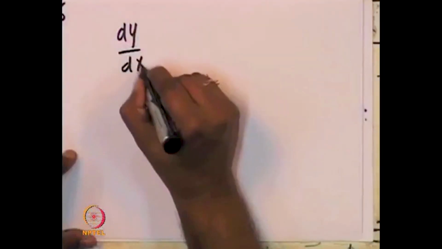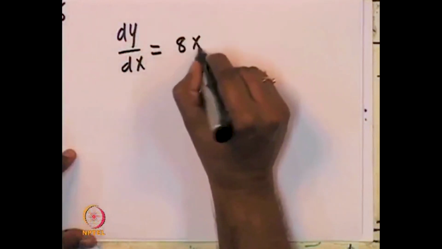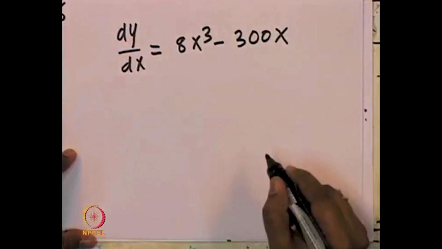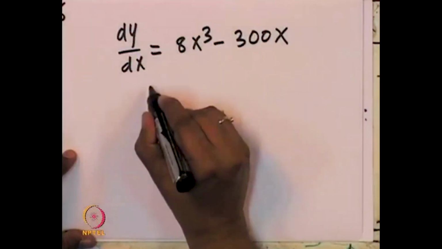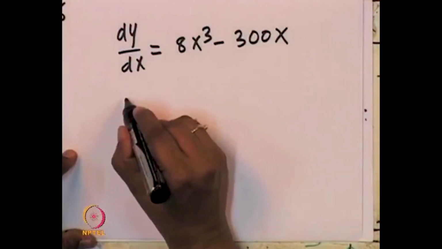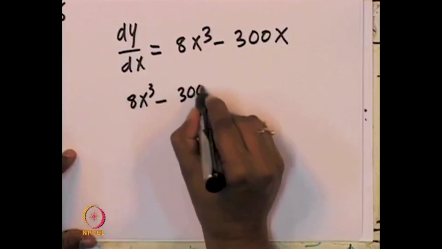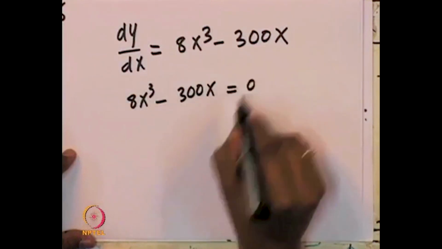So let us equate this to 0. The derivative dy by dx we got was 8x cube minus 300x. If we equate this to 0, we get 8x cube minus 300x equal to 0.